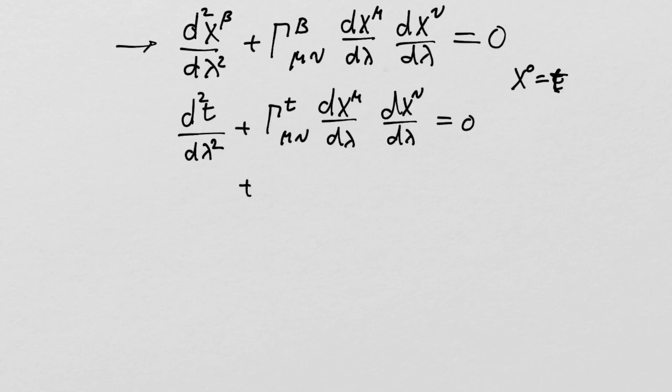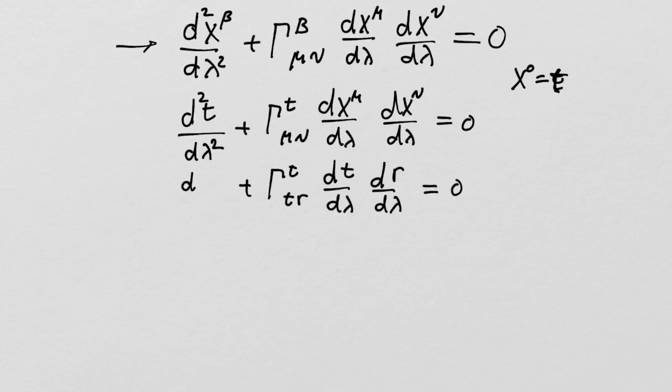So I might as well just write that down before I forget it. TTR. So all the rest will be 0, so this is going to end up being, mu is t, so it'll be dt d lambda, and dr d lambda will equal 0.